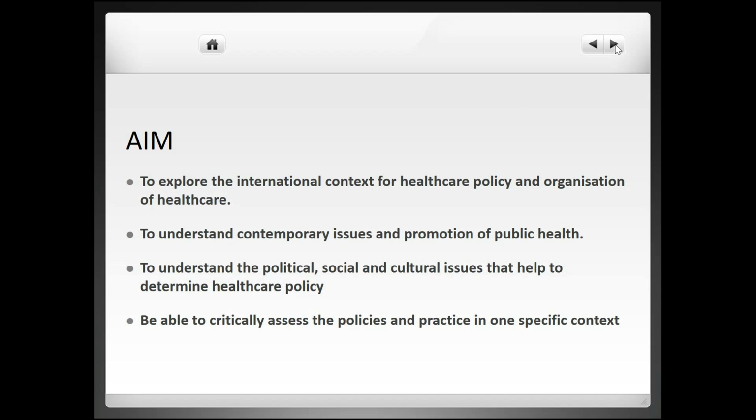If you look at healthcare policy across the globe, they are different because people have different political, social, and cultural issues that determine the healthcare policy of that country. I will also assess the policies and practice in one specific context. We'll use one national context to explore further.